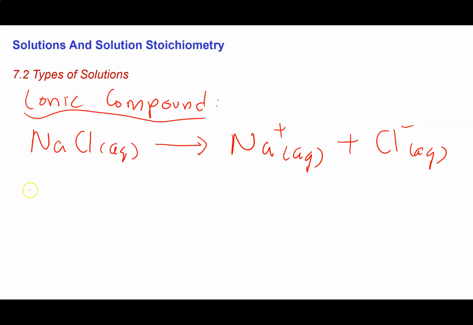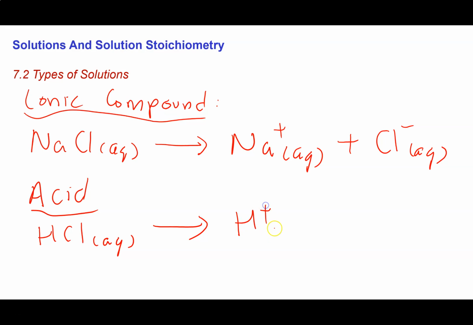Now, if I take an acid, which as we know is a class of covalent compound, acids have this feature that when they are dissolved in water, they separate to form one or more hydrogen ions and an anion. So some substances, when they are dissolved in water, will separate to form ions: positive ions called cations, negative ions called anions.